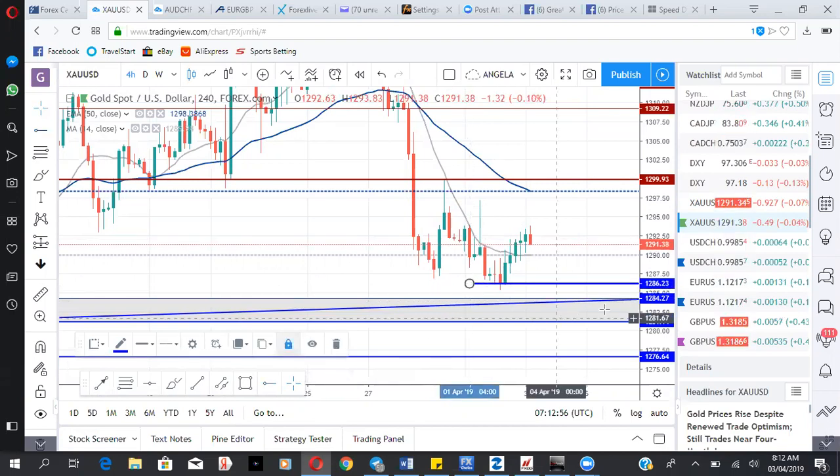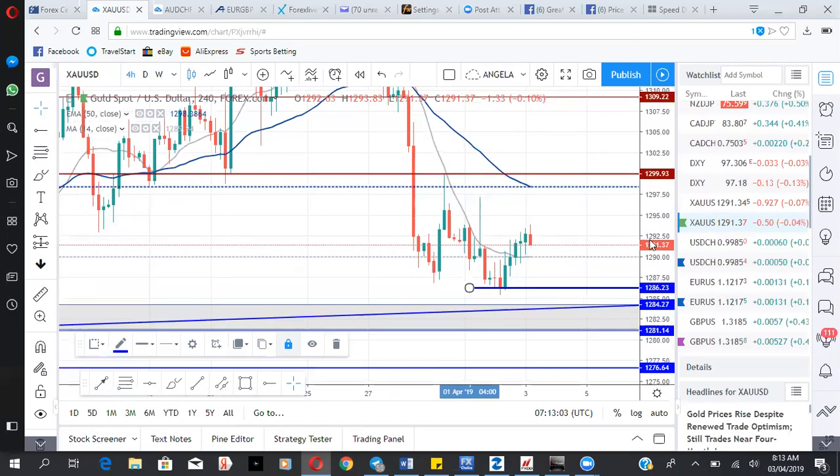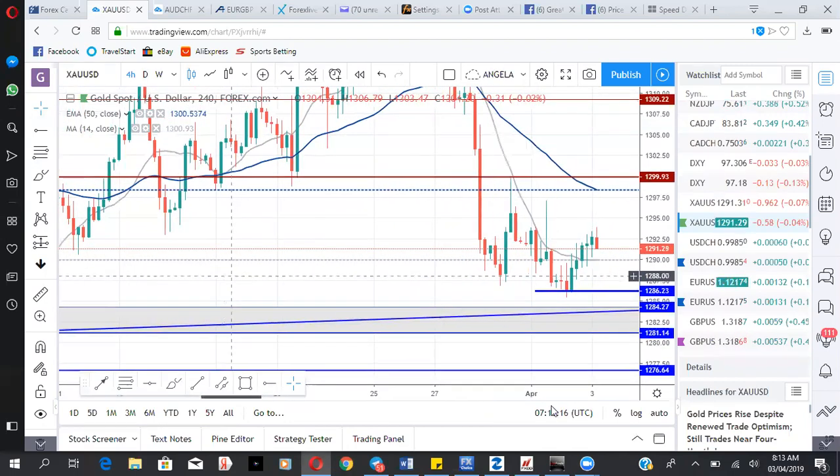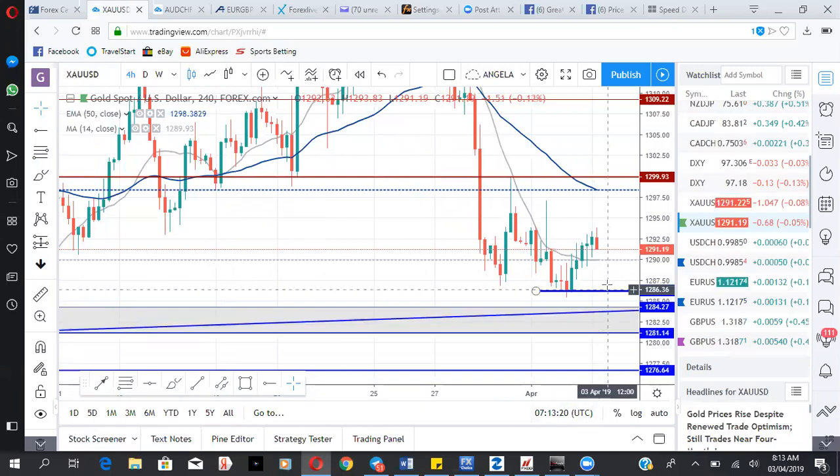As long as this low, 1286.23, is still standing, then price has a high chance to move up. And we have this 4-hour 14 simple moving average. The value comes in at the psychological level area, 1289.93.